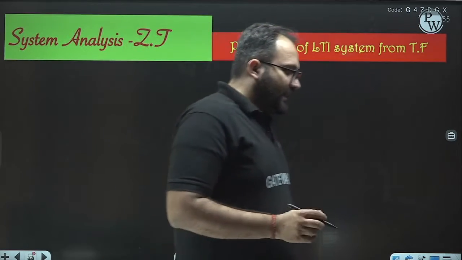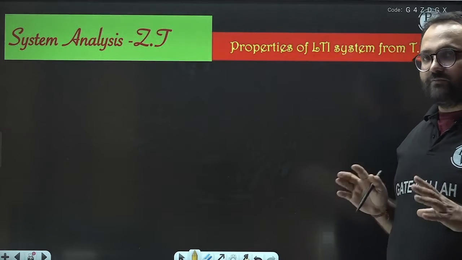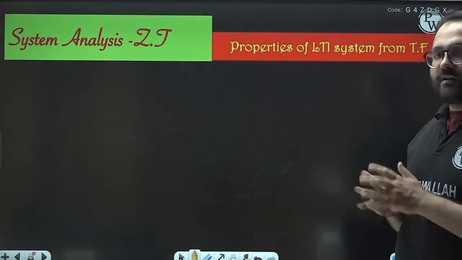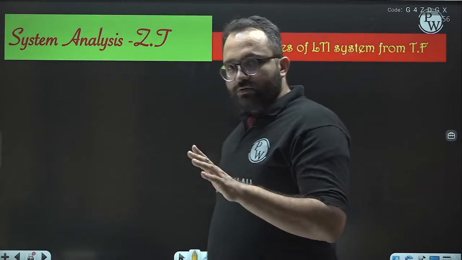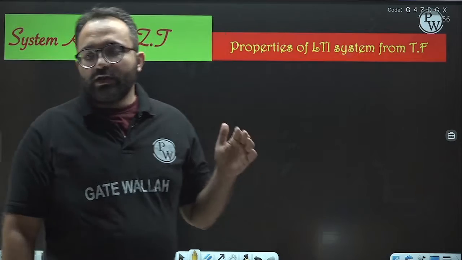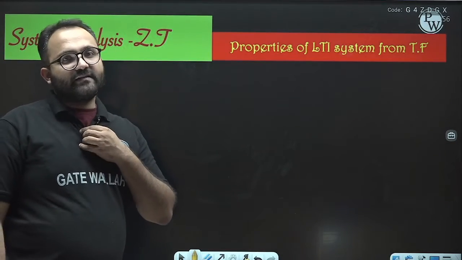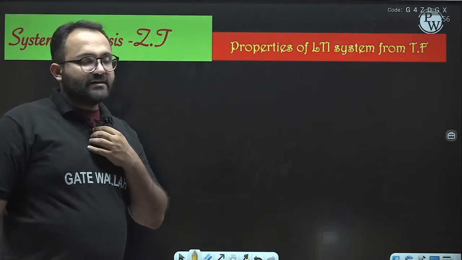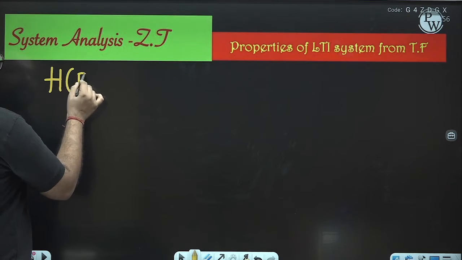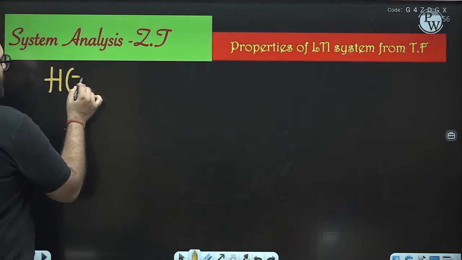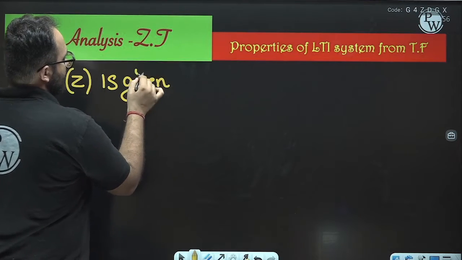Now, many a times a question is asked where we have to find out the properties of the system using the transfer function. Means a transfer function is given and we have to find out the properties of the system. We know that the transfer function is valid only for LTI systems. If the system is LTI, then only the transfer function is valid, otherwise it is invalid. Second thing, we have to find out the properties. The transfer function is given to us.